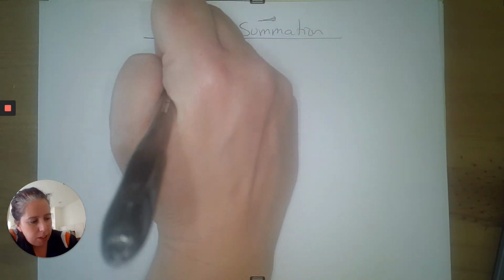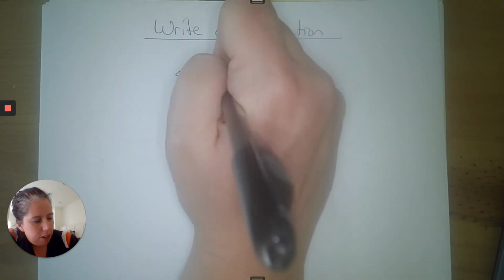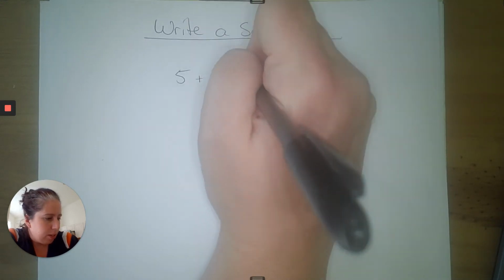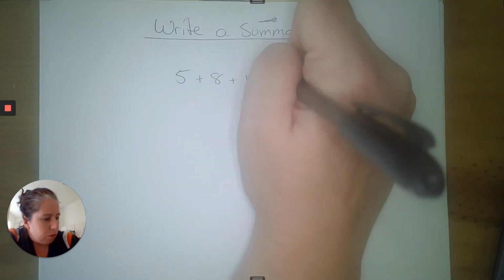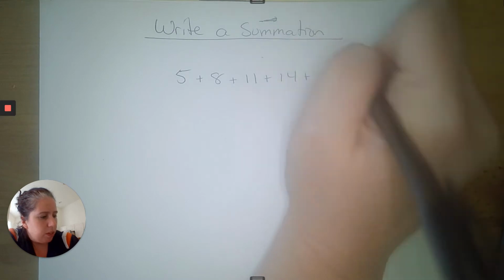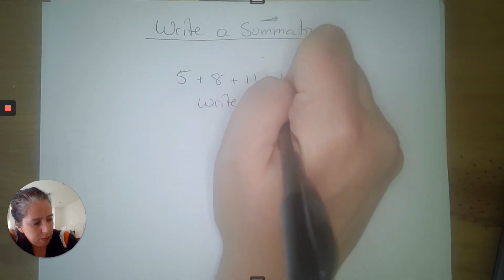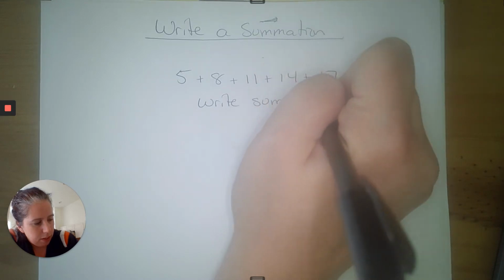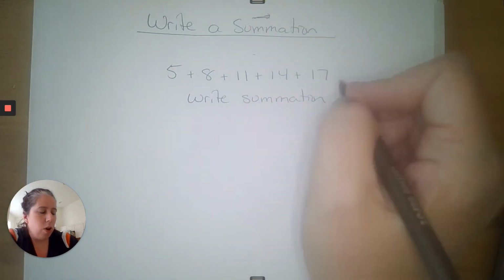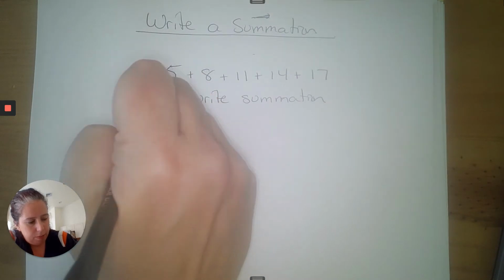Okay, so if I give you something like this, 5 plus 8 plus 11 plus 14 plus 17, and you're going to write the summation. I need you to do a couple of things.